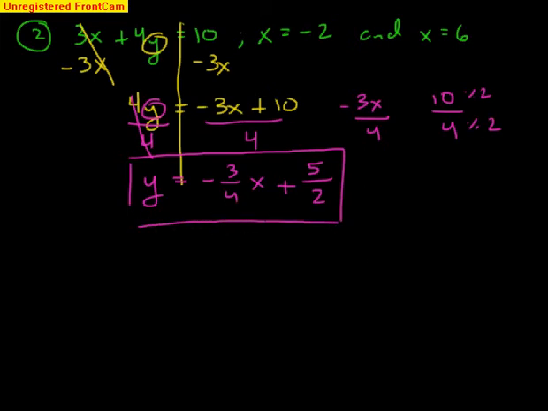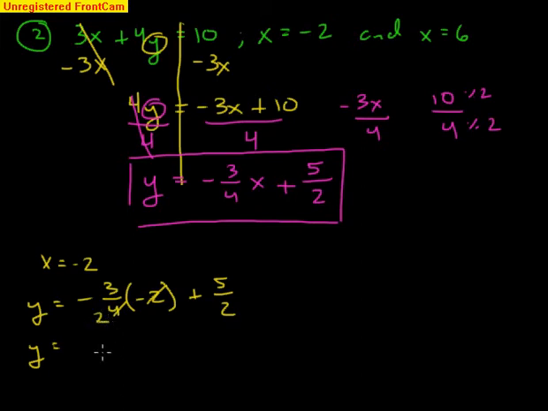Alright. So now we need to plug in these x values. Okay, so let's go to town here. Let's take x equals -2. So we have y equals -3/4 times x, which is -2, plus 5/2. Okay, when you do -3/4 times 2, the negatives cancel, becomes positive, and this 2 will cancel out with this 4 and make that 4 become a 2.